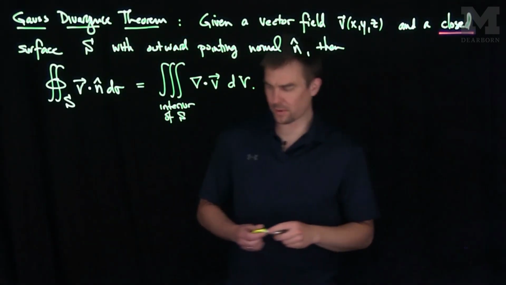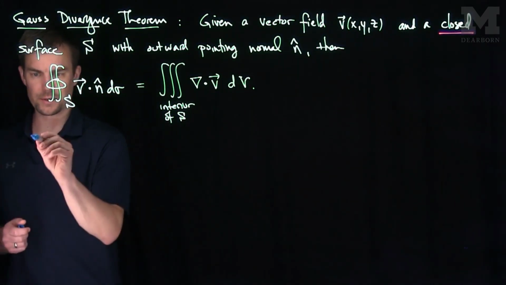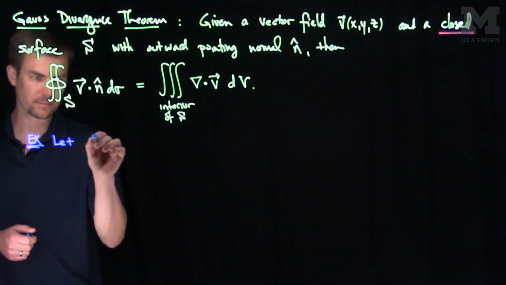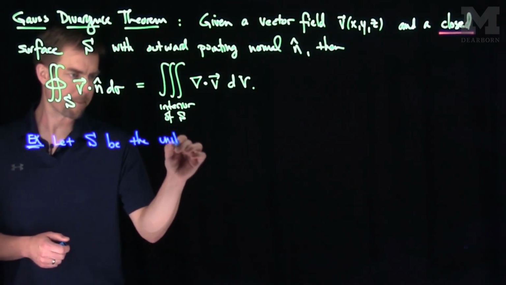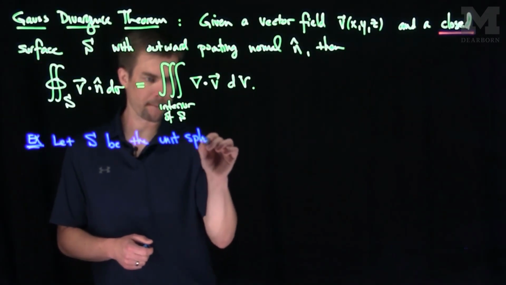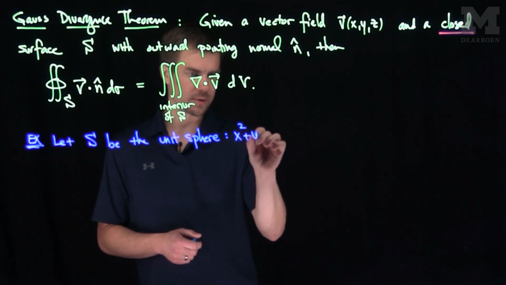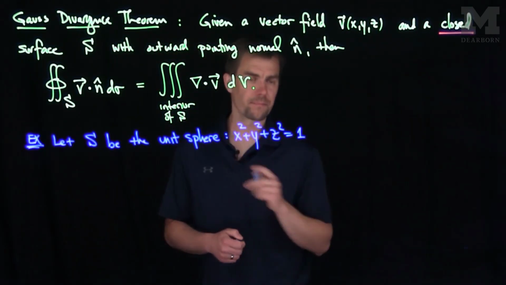So let's see an example of how we can use this Gauss divergence theorem. Let S be the unit sphere, x squared plus y squared plus z squared is equal to 1.